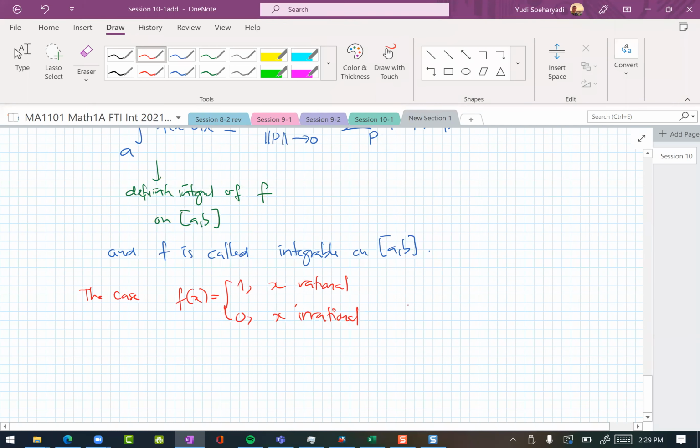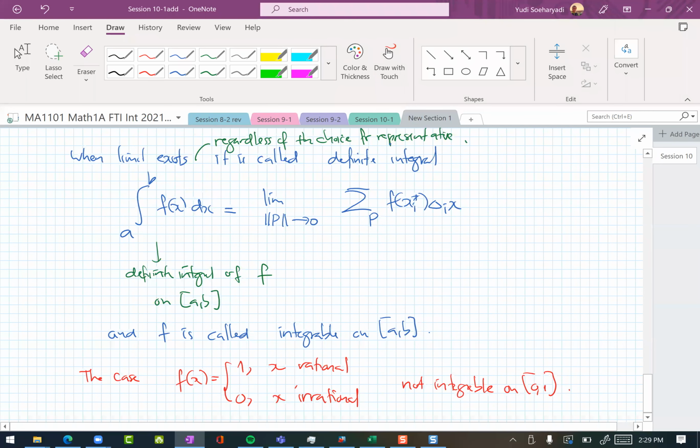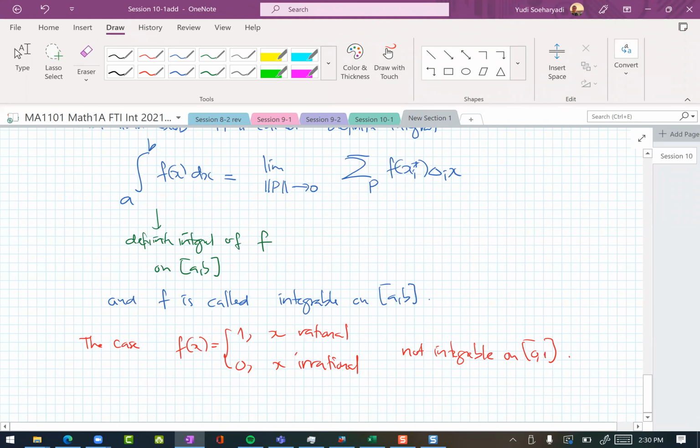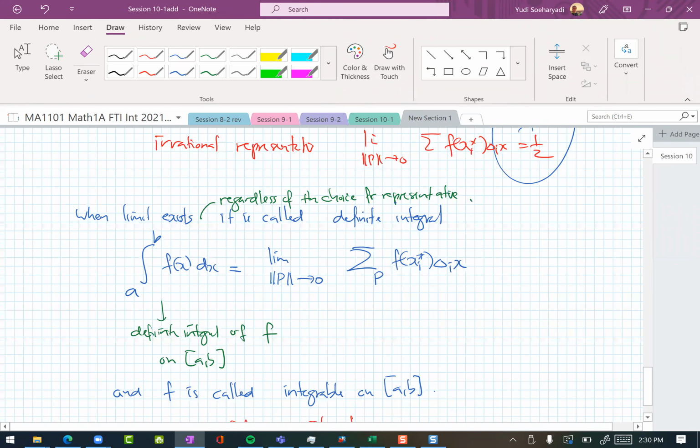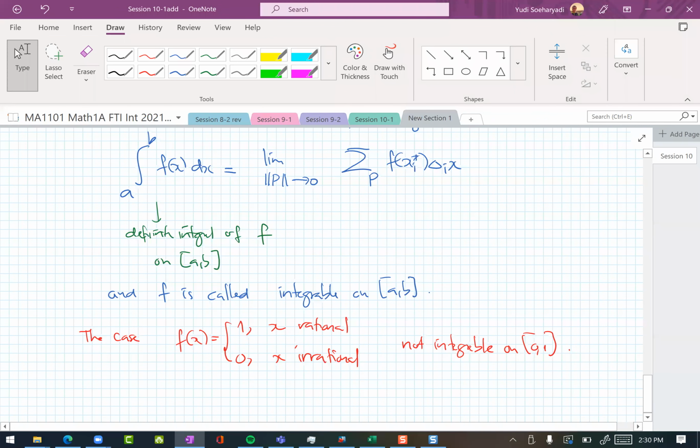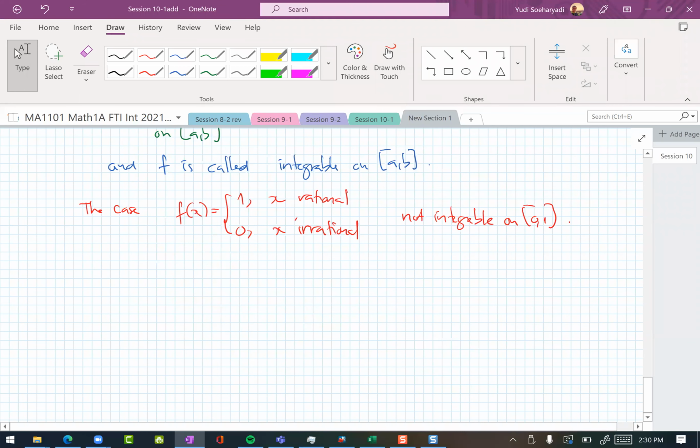This is not integrable on [0, 1]. So that's one example of something that's not integrable, because it depends on the representative. All right, any questions so far?